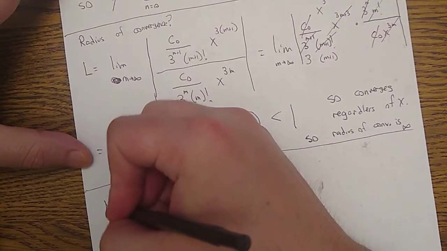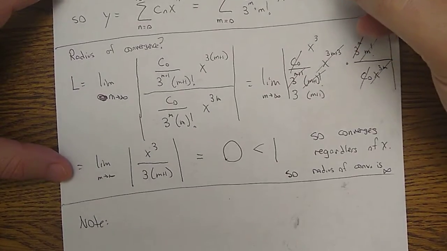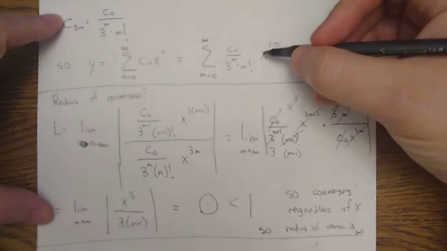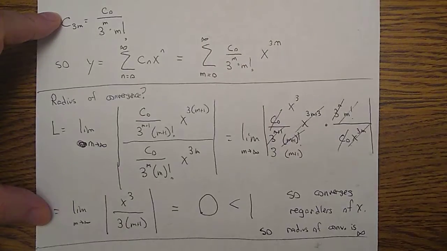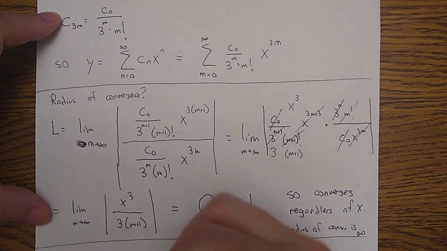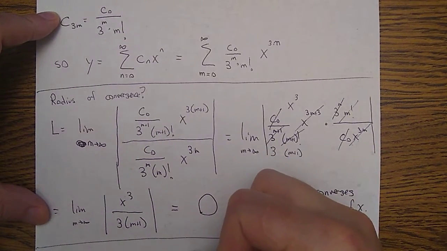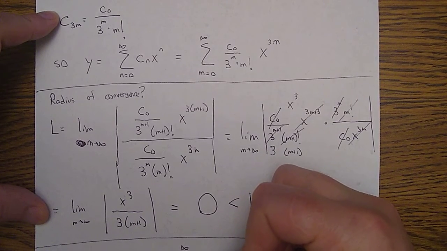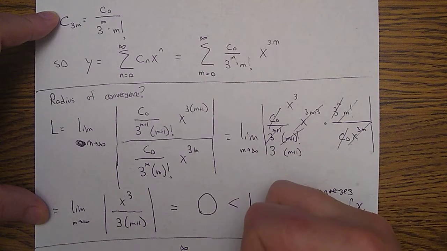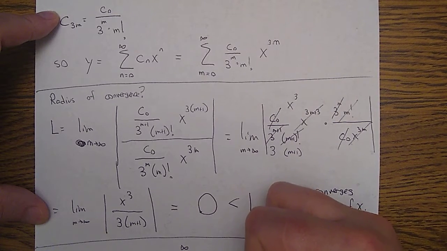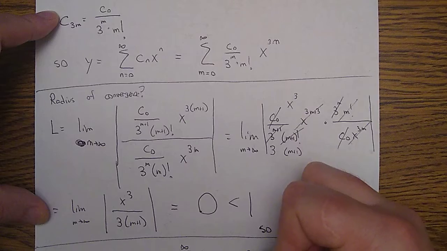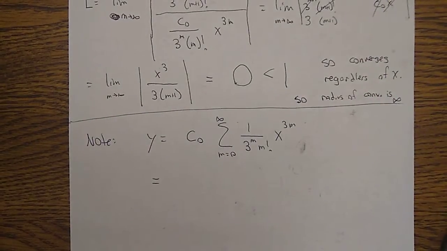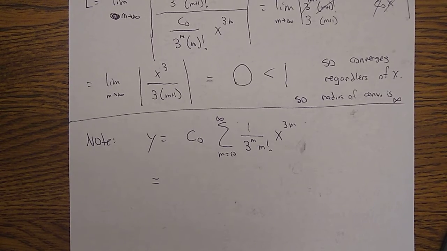But this is where it's helpful because we know exactly where we're going. I know that y is this. Let me make this look a little bit better by pulling the C naught out. And let me show you.